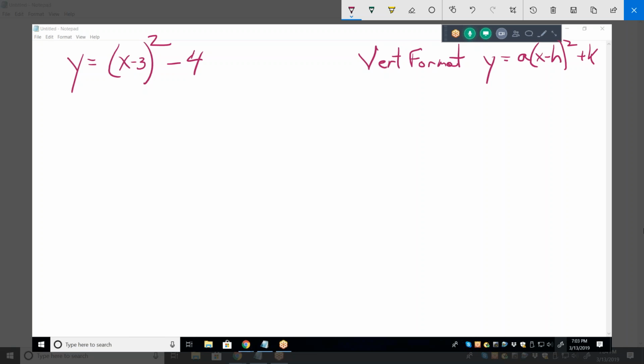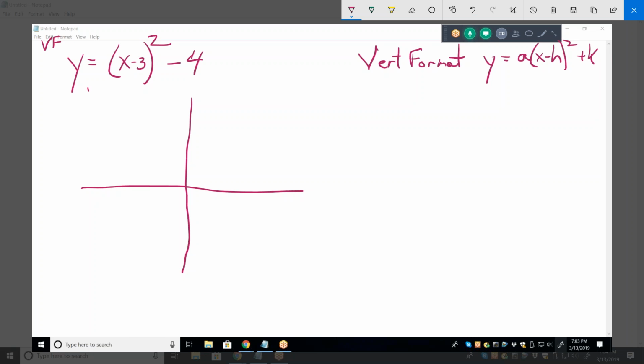And when you're graphing a quadratic, the most important point, we know it's going to be a parabola. The question is where is its vertex? So if this is vertex format, tell me what h and k are, because we can immediately identify them.